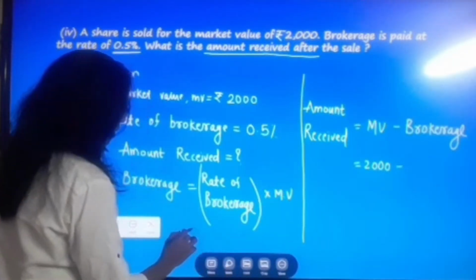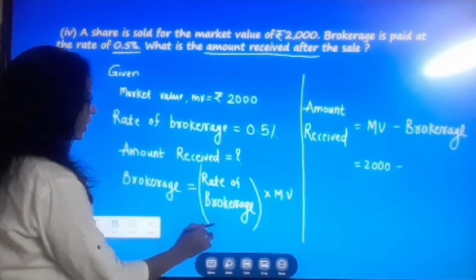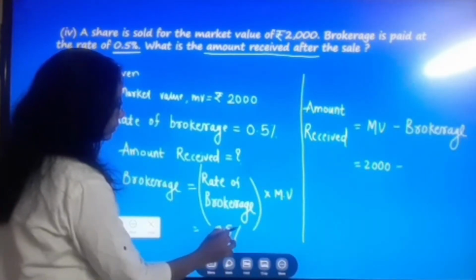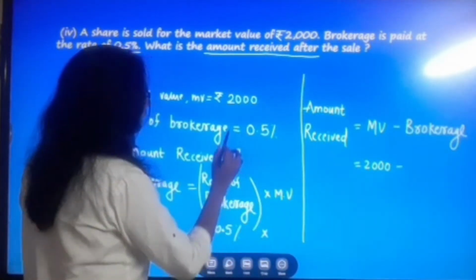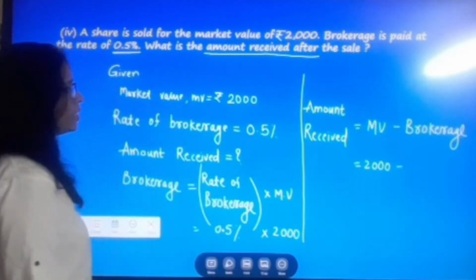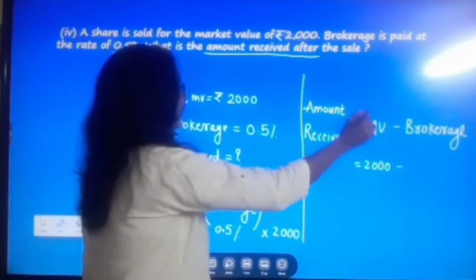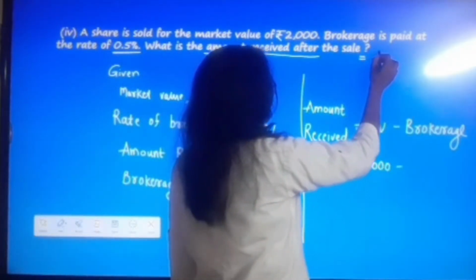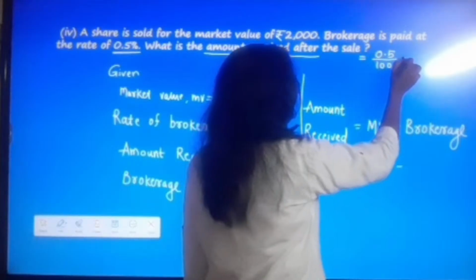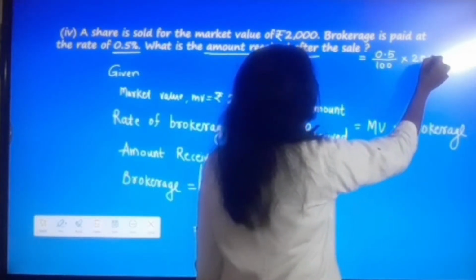So now the rate of brokerage is 0.5% and the market value is 2000. Okay student, so I calculate this here. 0.5% means 0.5 upon 100, multiplied by 2000.